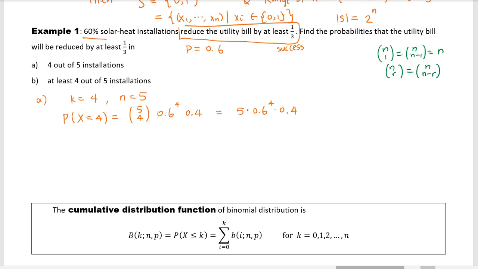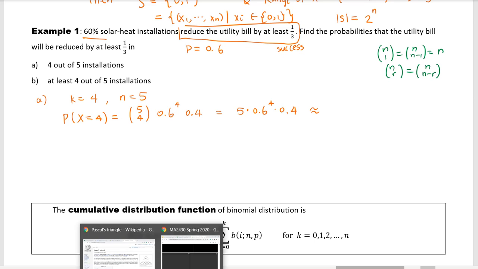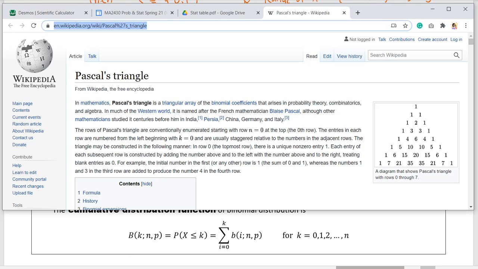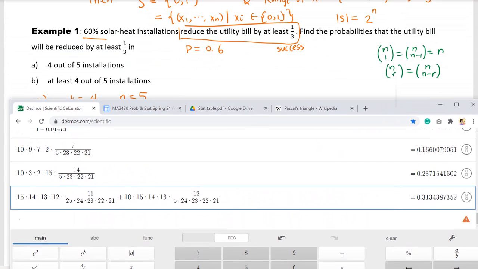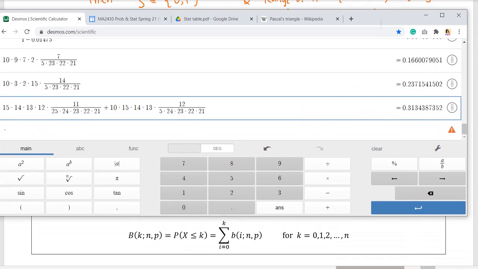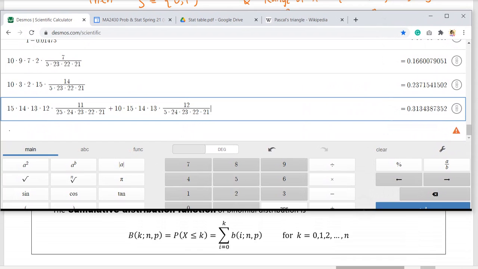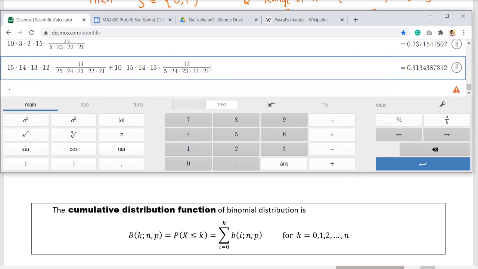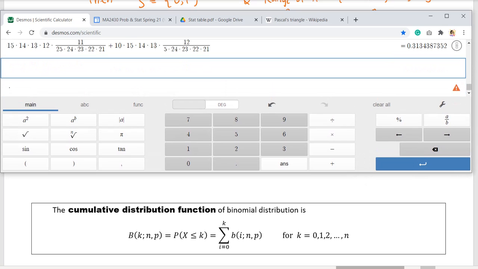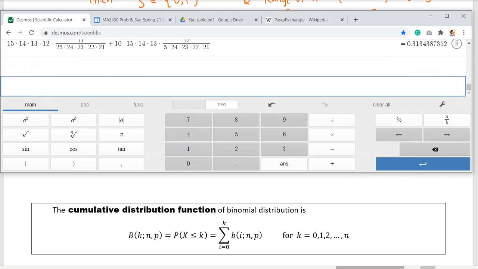And what is that? Okay, calculator. So we have 5 times 0.6 to the 4th, and then times 0.4. The answer is 0.2592.